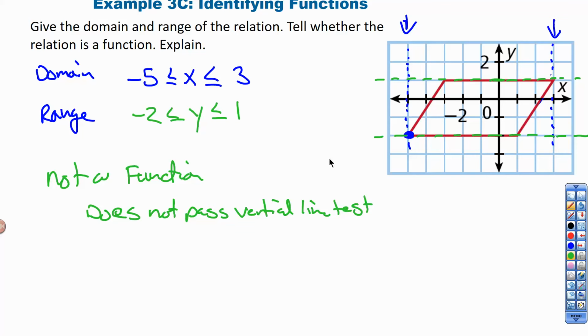All right, so for homework, go ahead and do 15 through 20 odds. Page 243, 15 through 20 odds.